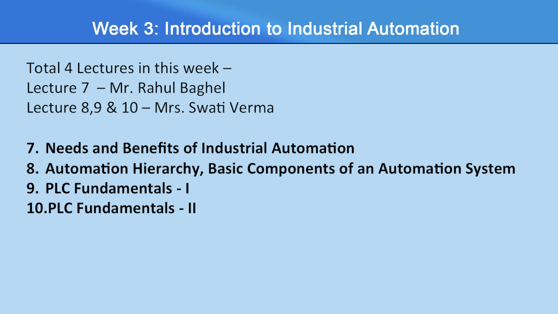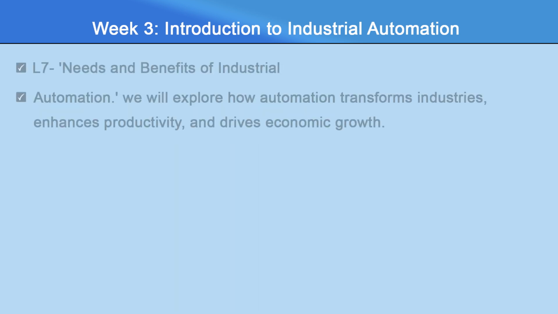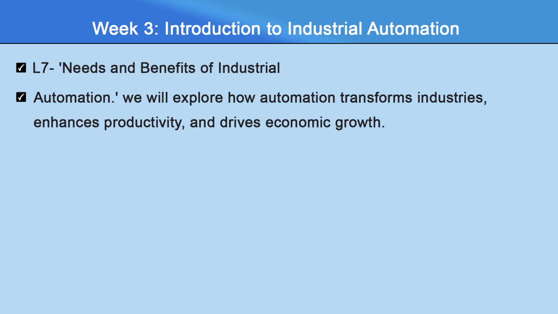Lecture number 9 is PLC Fundamental Part 1 and lecture number 10 is PLC Fundamental Part 2. Lecture number 7 is taken by me and lectures number 8, 9 and 10 are taken by Mrs. Swati Verma.